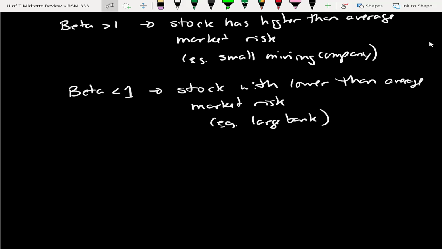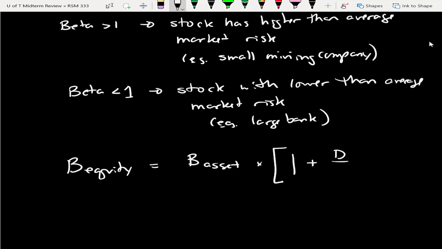Now there is a formula that's in the book that says the beta of equity is equal to the asset beta times 1 plus D over E times 1 minus the tax rate. Okay, so what does all of this mean?